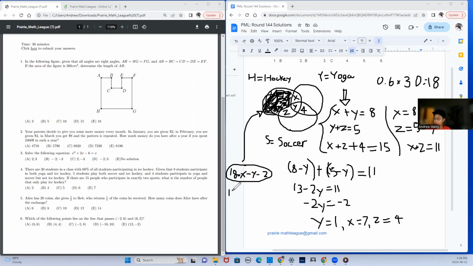And now we know X, Y, and Z, so it's 18 minus 7 minus 1 minus 4, and that equals 6. So the amount of people who only play ice hockey and only play one sport is 6. So therefore the answer is D.